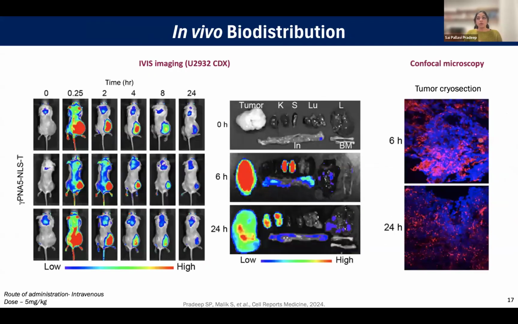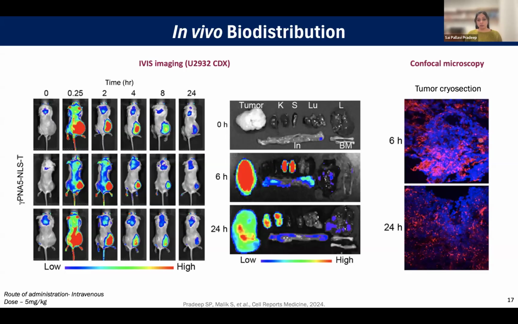So now we moved on to our in vivo studies. Over here, we first looked at biodistribution. And we used systemic injections in cell-derived xenograft mice to evaluate this, and we observed that the NLS did help in passive targeting of the tumor.